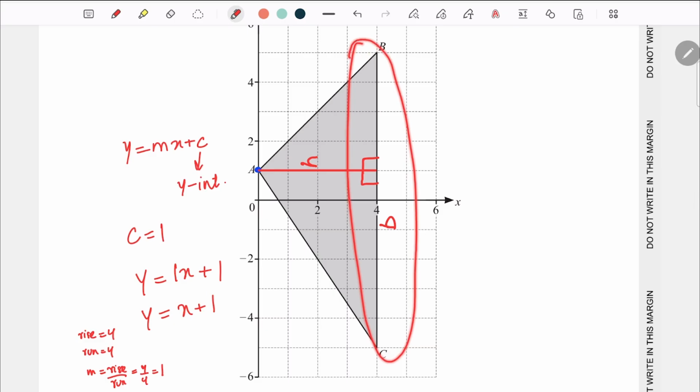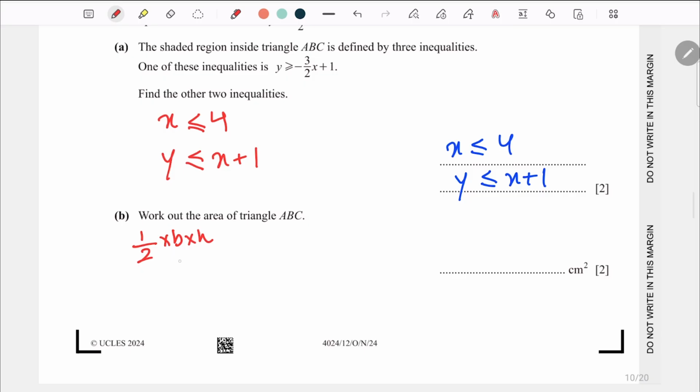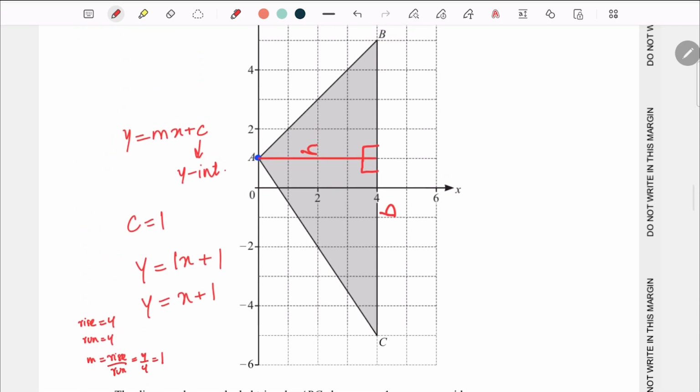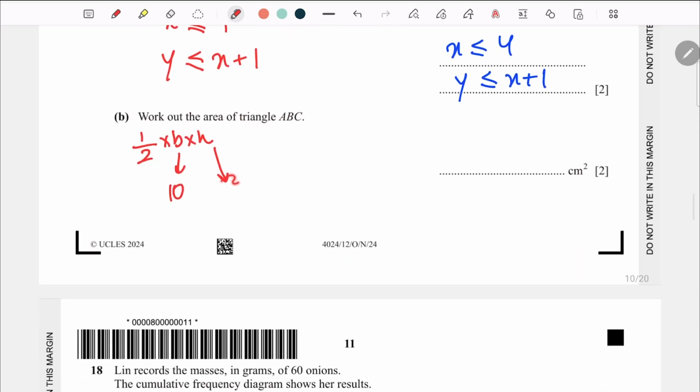Now BC is 1, 2, 3, 4, 5, 6, 7, 8, 9, 10. This is 10 blocks, so the base is equal to 10. And the height is 1, 2, 3, 4, so the height is 4 blocks.